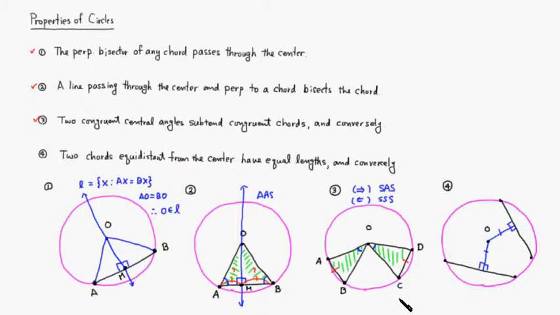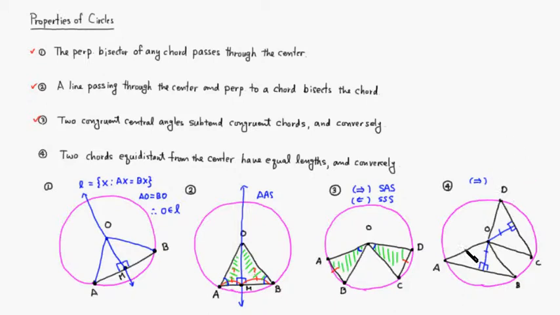All right, let's look at number 4. Two chords equidistant from the center have equal length, and conversely. So let's do this direction. Let's draw a bunch of radii: OA, OB, OC, and OD.